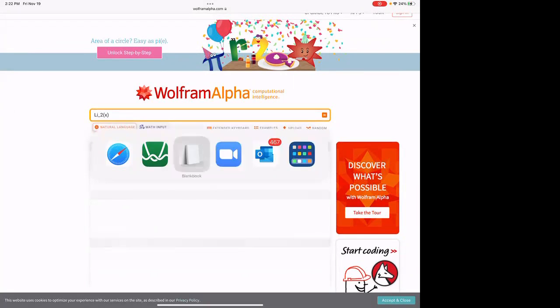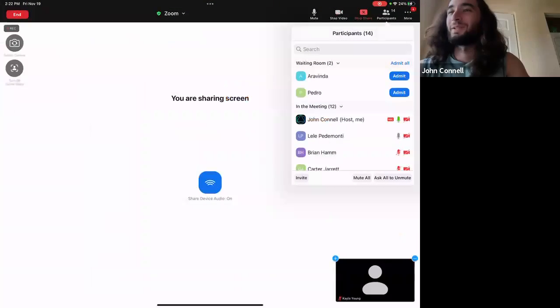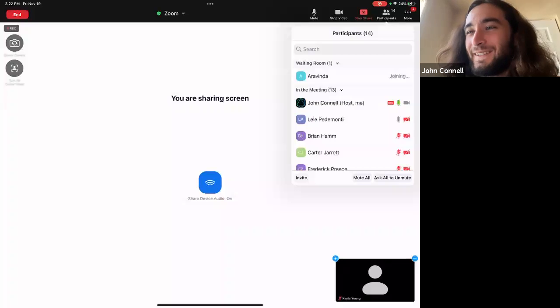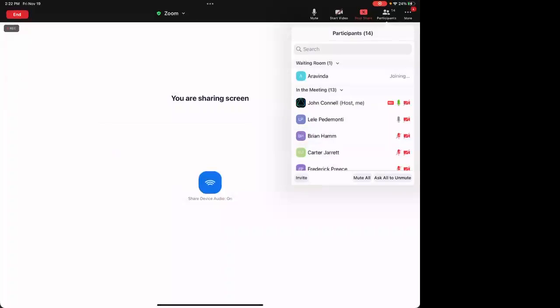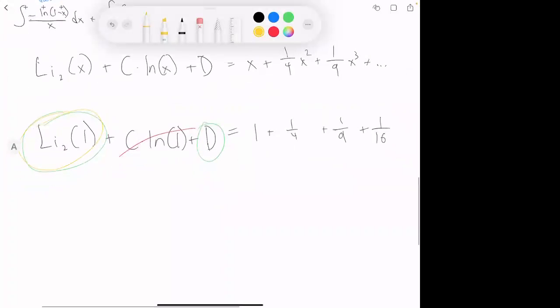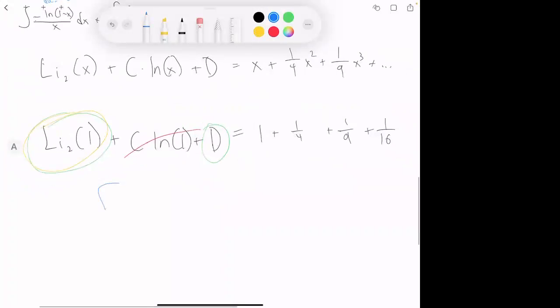But it's not clear to me how that really explains anything or helps you in any way. So yeah, I'm not sure what else to say about this one. It turns out that this is finite because d is finite and Li2 of 1 is finite, which you know somehow. So therefore, the sum that you are seeking is finite.